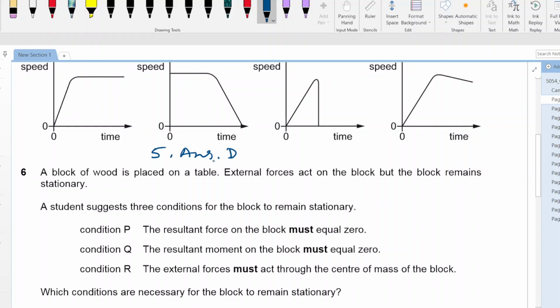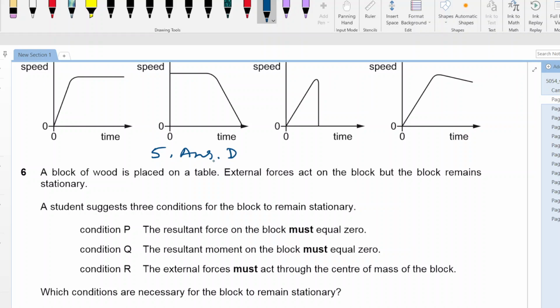Question 6. A block of wood is placed on a table. External forces act on the block, but the block remains stationary. A student suggests 3 conditions for the block to remain stationary. Condition P, the resultant force on the block must equal 0.